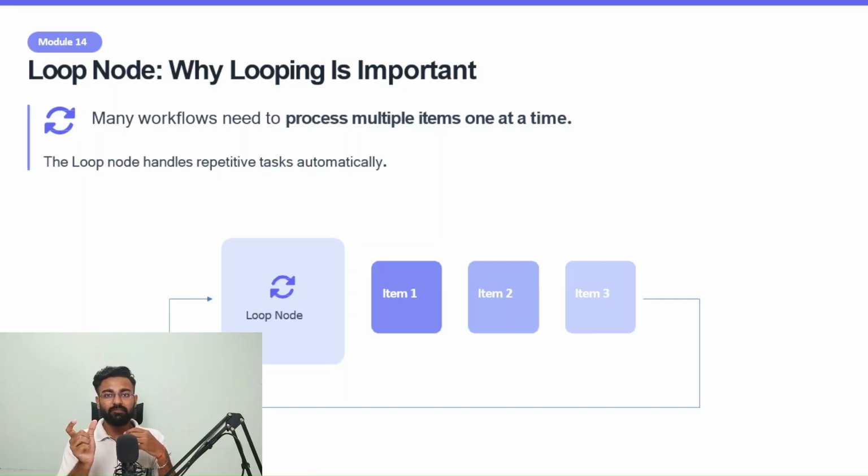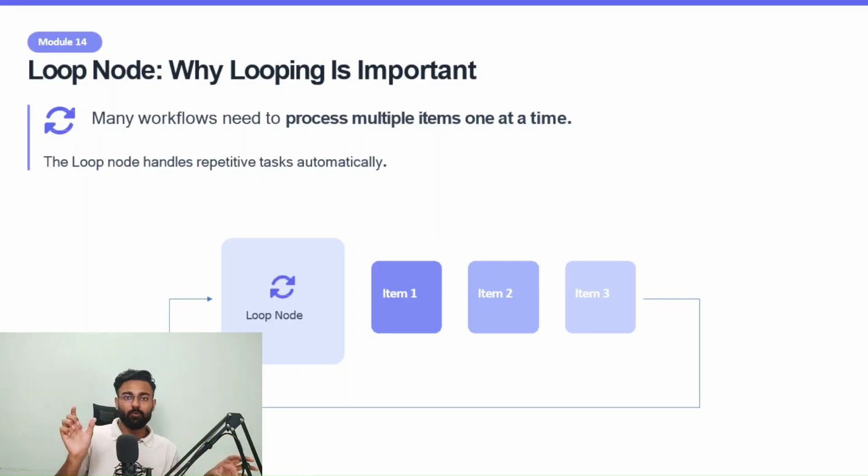So let's say you've gotten 15 items and you want to take one of those items through that entire process of going to this flow, then that flow, then that flow, and then come back. And then you take in the next person. Let's say it's an enrichment workflow. One person's name and business mail is passed. That business mail goes to one agent, which scrapes out the company details. Then it goes to another, which goes to LinkedIn and scrapes out personal details.